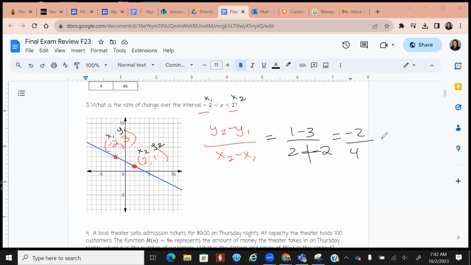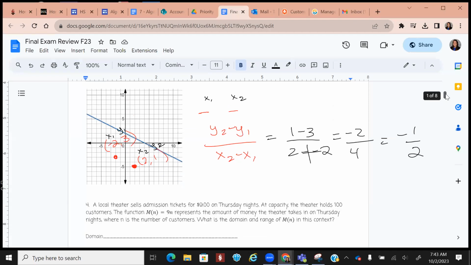And I can simplify this down to negative 1/2. Another way we could see this is if we go down 2 and over 4. So it's rise over run, right?